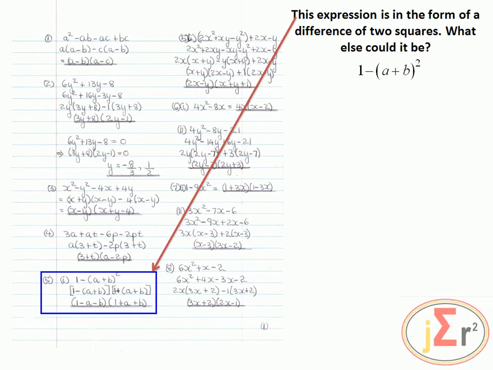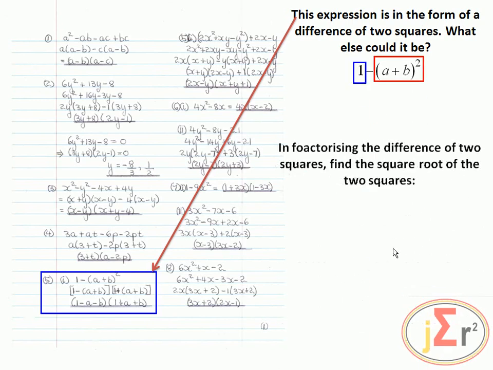The fact is, 1 is a square, which sometimes eludes students, as we will take a look at in a subsequent tutorial. 1 is a square, and no doubt we have a plus b all squared there. That's a square. So we have two squares separated by a negative sign. We have a difference of two squares.